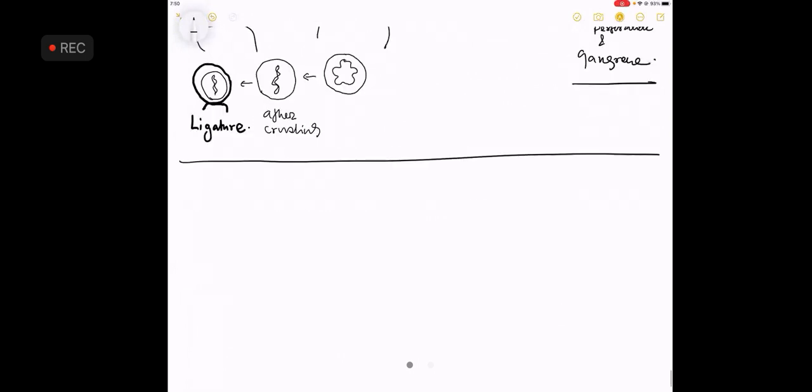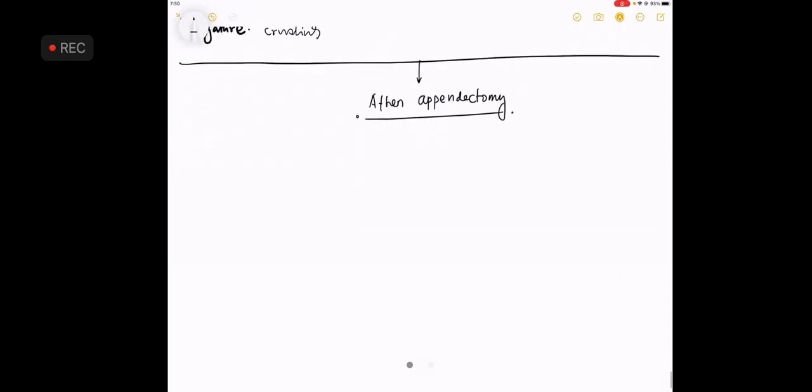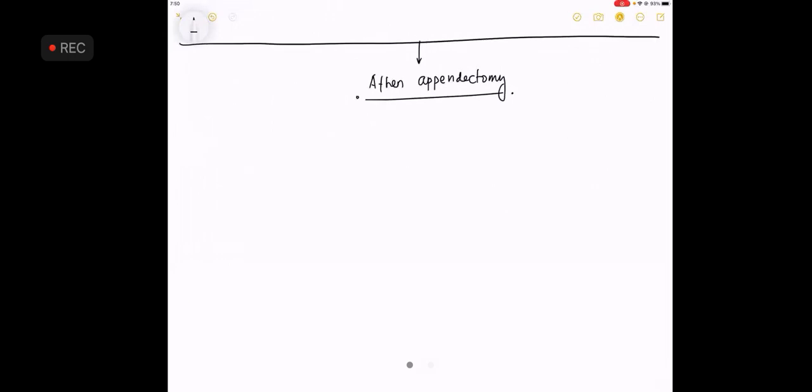Okay. Now, after appendicectomy, we follow a ritual. Ritual means something that does not have any logic, like many rituals that human beings follow. We cauterize the stump by an antiseptic solution.